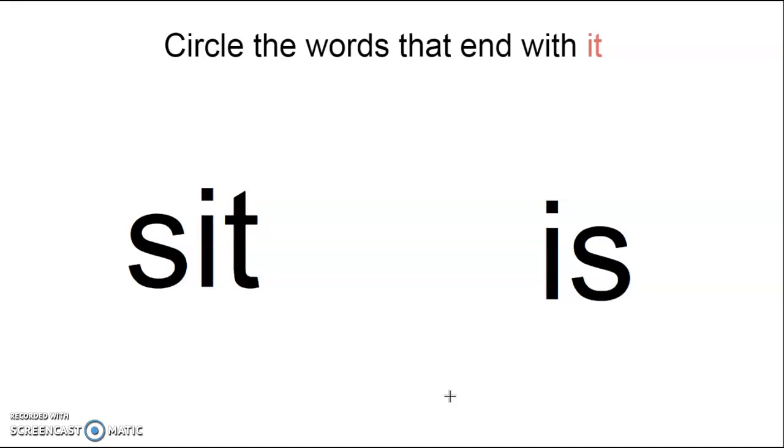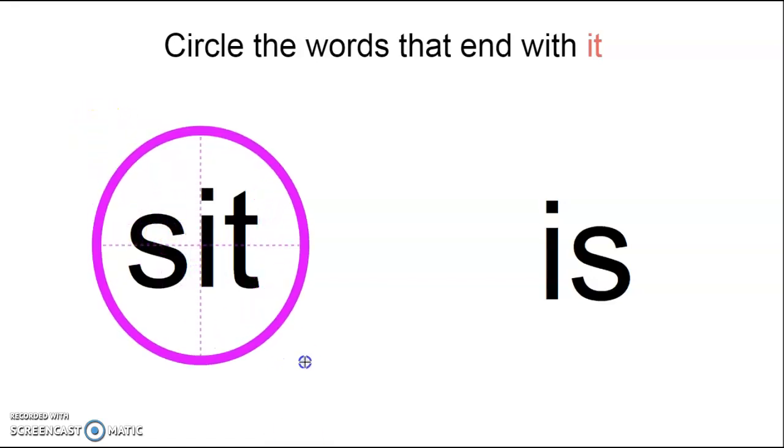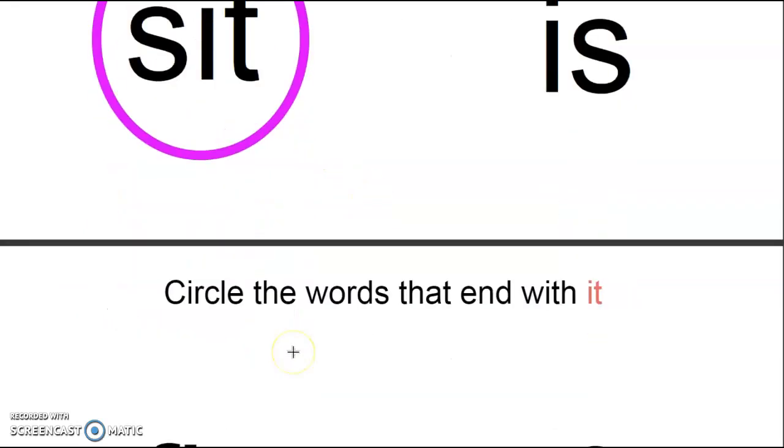Find the word that ends with it. Be careful, because now there's an extra letter. Which word ends with it? I should see an I and a T. Can you point to the word that ends with it? If you chose the word sit, you are correct. I see S-I-T. Sit ends with I-T. Great job.